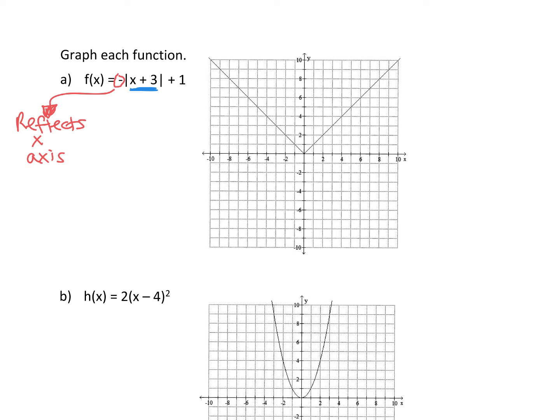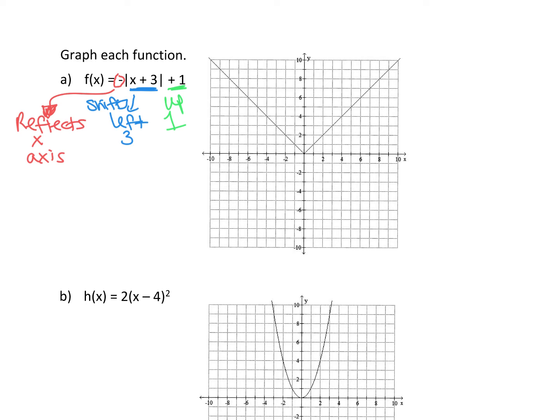What is that going to do? You can either unmute or type it in. Yes, thank you, Alina. Left 3. All right, and then somebody different, what about the plus 1? I'll do this in green. Up 1, thank you, Cyril.